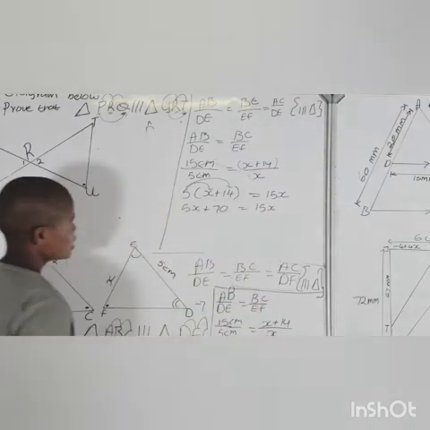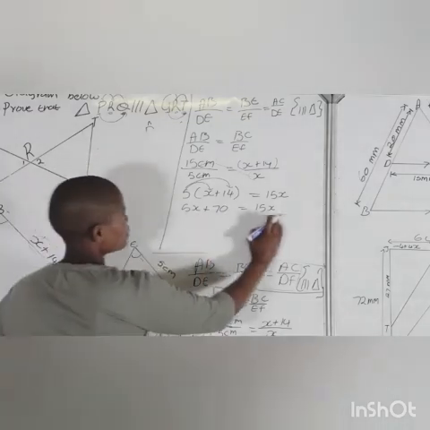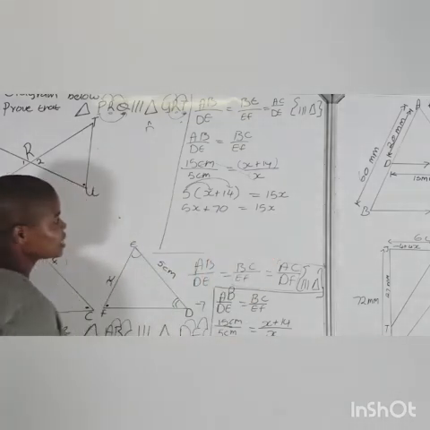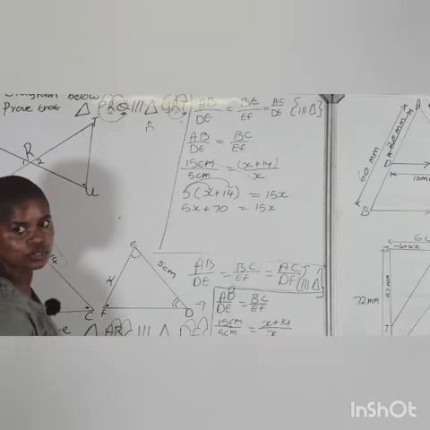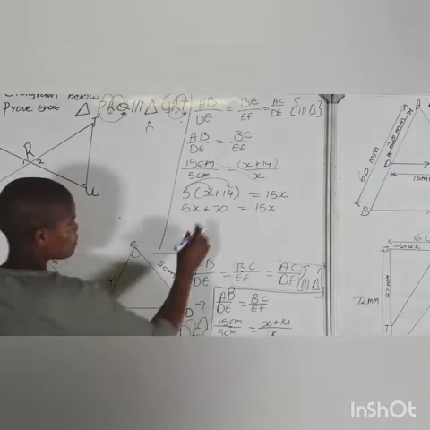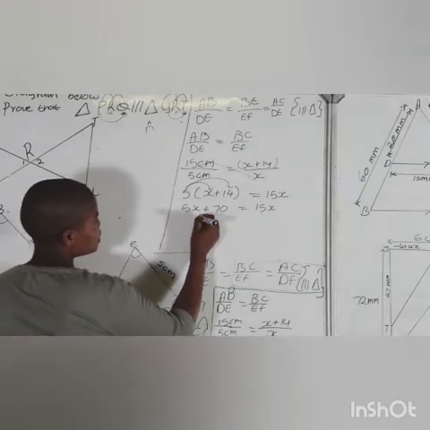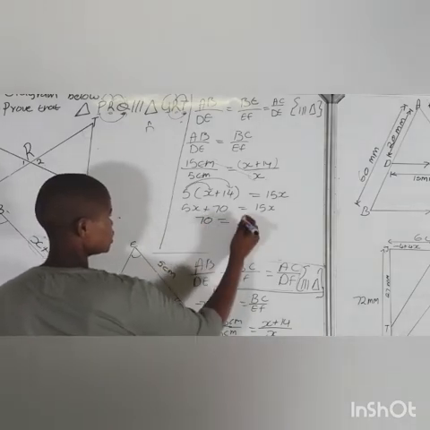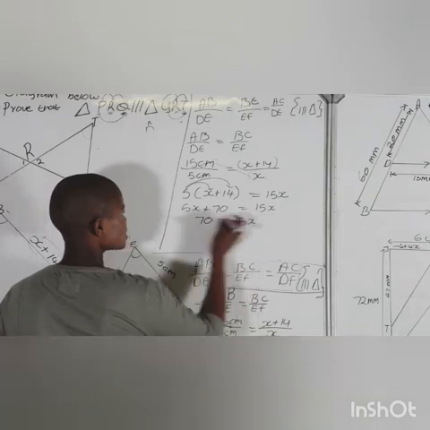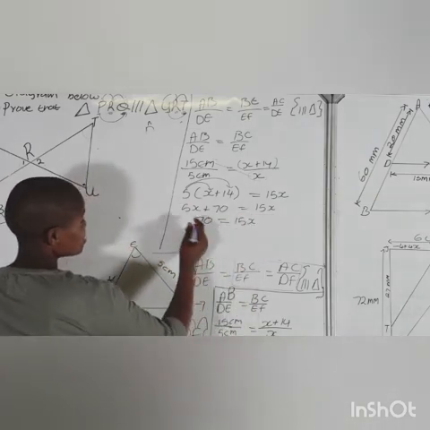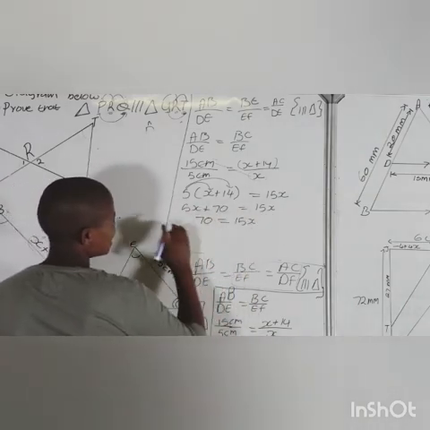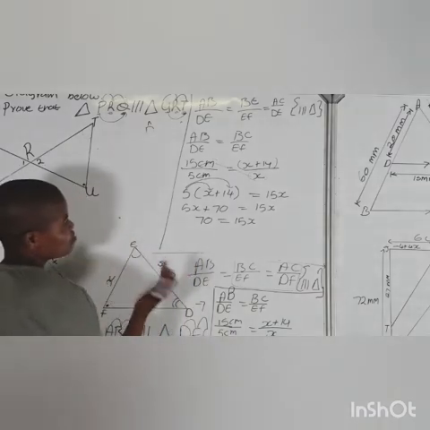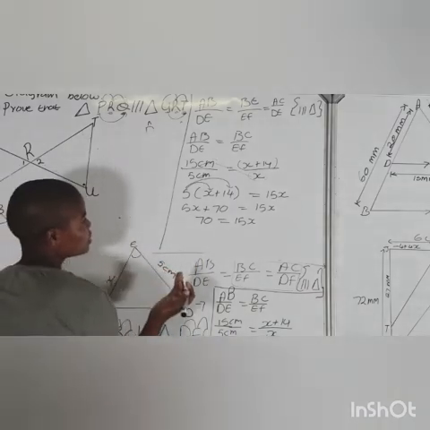And then from here, we are going to do additive inverse, or just group. So basically, I will leave the 70 this side, and 70 is equals to 15x. And then if I do additive inverse, I simply mean that I add both sides with the same number.